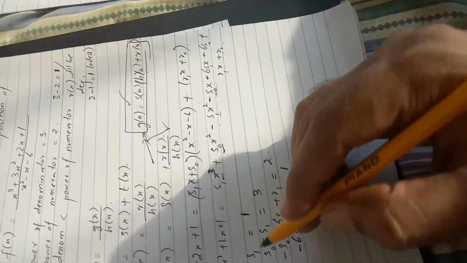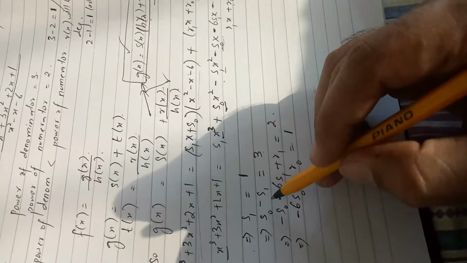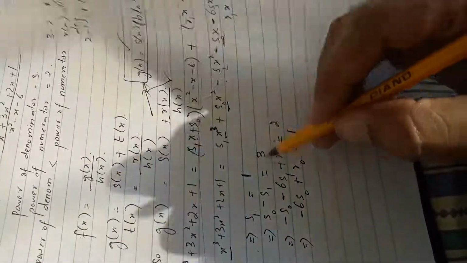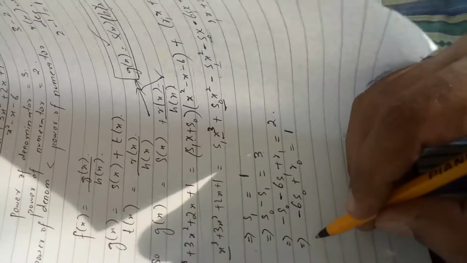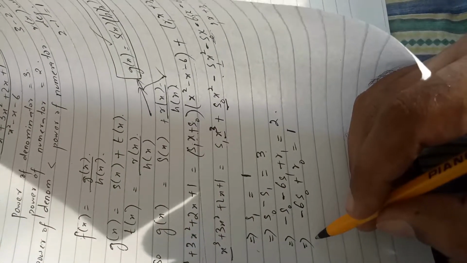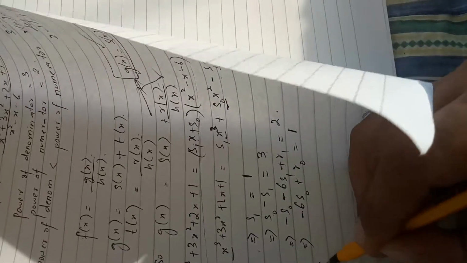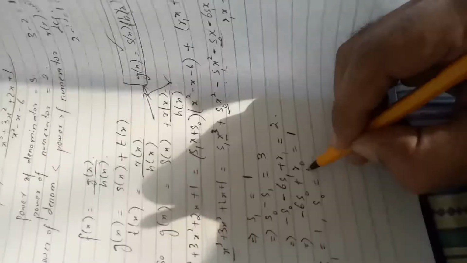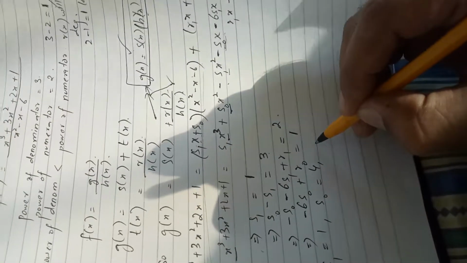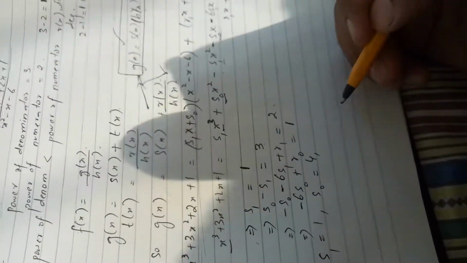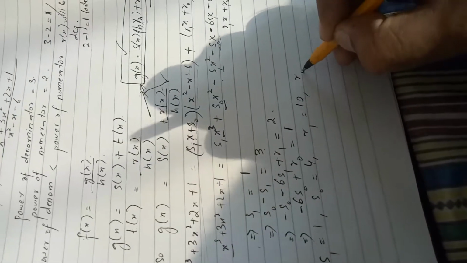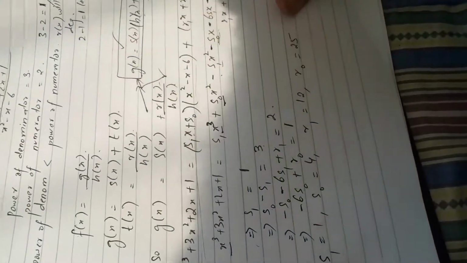So when we put s1 as 1, s0 minus 1 is equal to 3. So s1 would be equal to 1, s0 would be equal to 4, r1 would be equal to 12, and r0 would be equal to 25.